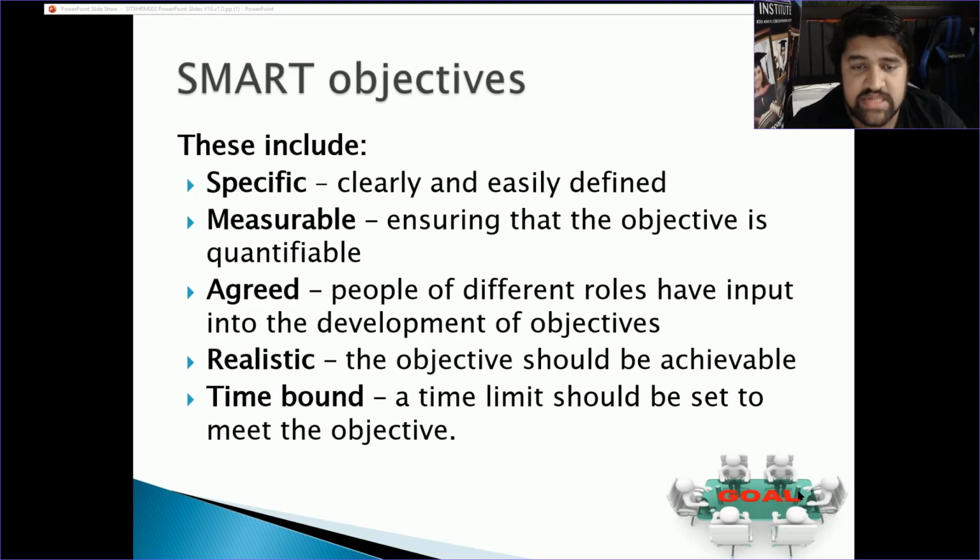Can it be easily defined? Yes, it's very specific. Is it measurable? Yes, I want to serve $1 million worth of food. If each plate is $10, you just divide by 10, so you want to sell 100,000 plates of food.